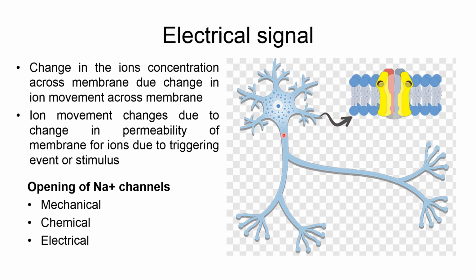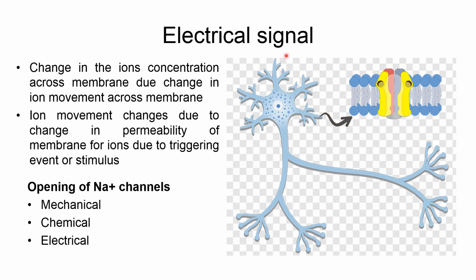So the axons are not the receiving portion of the stimuli, they are just propagating, so they have voltage gated channels. Dendrites can have mechanical, chemical or electrical gated sodium channels, but the cell bodies and the axons have only voltage gated channels for sodium, potassium and calcium.